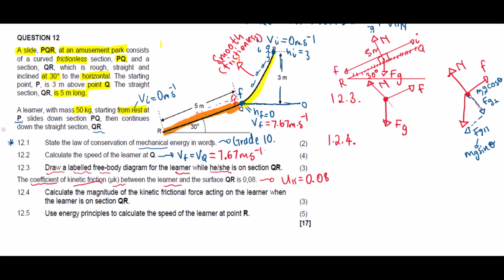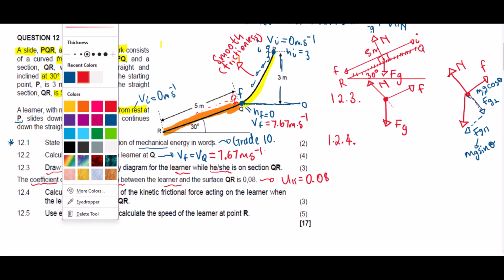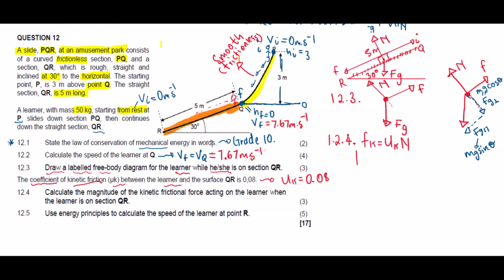So now we are going to calculate the friction. It's going to be Fk equals mu k times N. So what is the Fk? Fk is going to be equal to mu k. The mu k is the value given, the 0.08. And then what is the normal force? In this situation you must see that it's an incline.